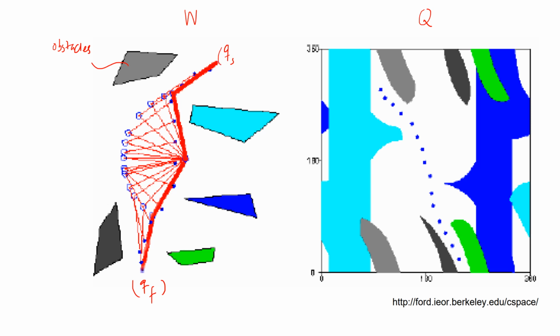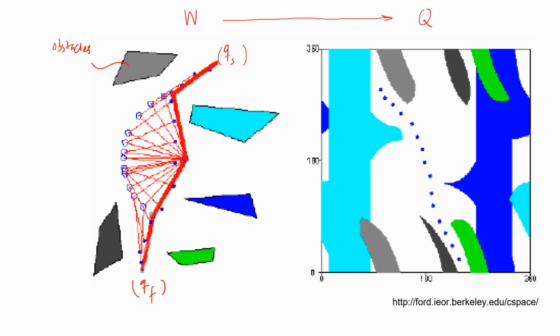And if we wish to do that, we have to make sure that the manipulator does not hit any of the obstacles. In order to do that, we have to map this workspace W onto the configuration space Q so that we can realistically find those configurations which are not hitting any of the obstacles.